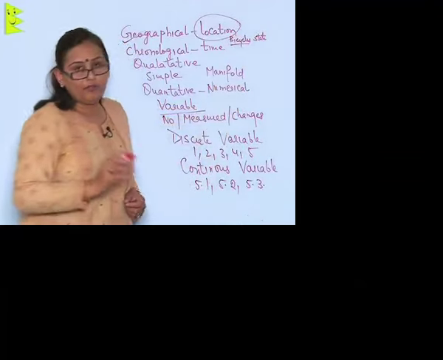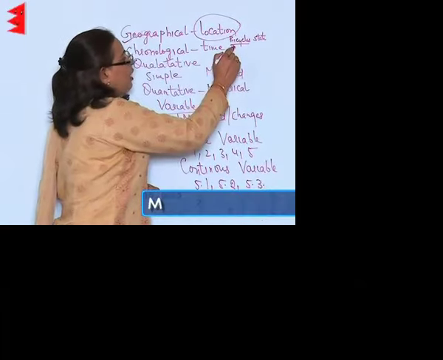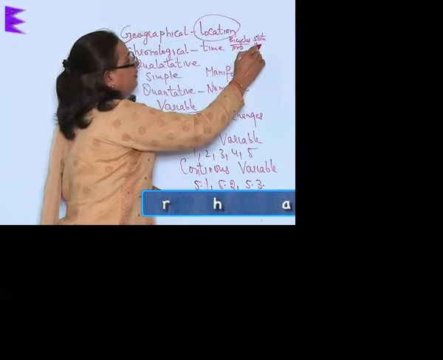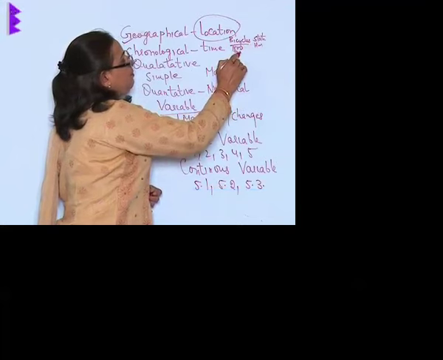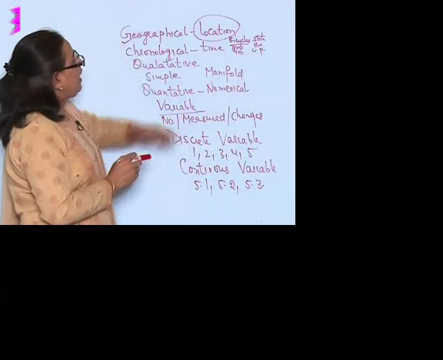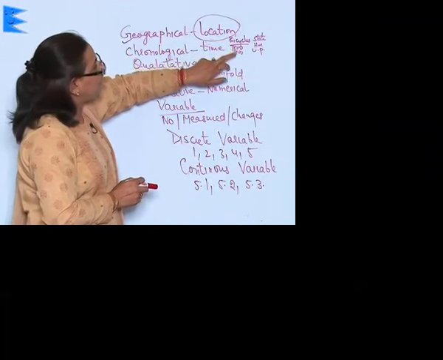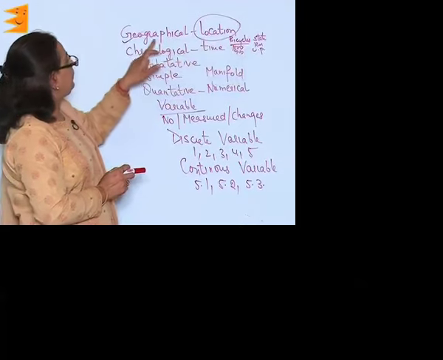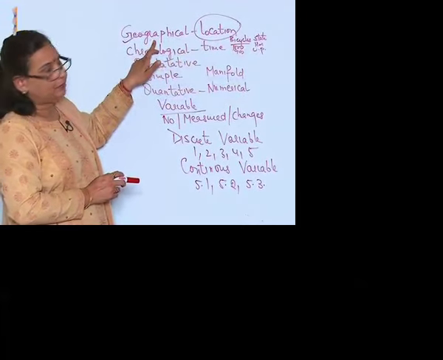I am just taking a raw figure. Say for example, 1000 bicycles are manufactured in Haryana, 900 are manufactured in UP, and so on. So when I am talking about the data based on the location, that is a geographical data.